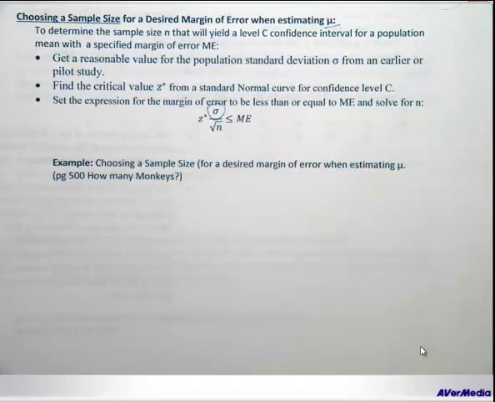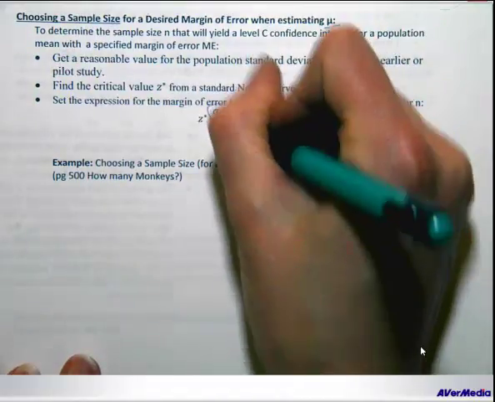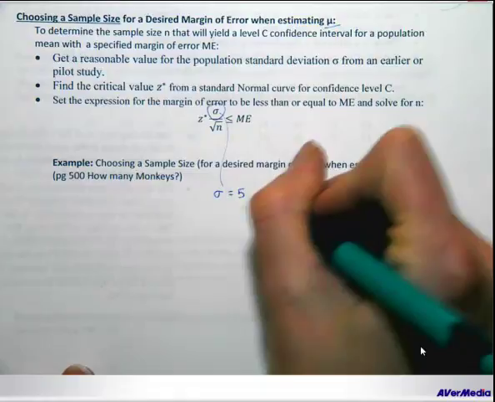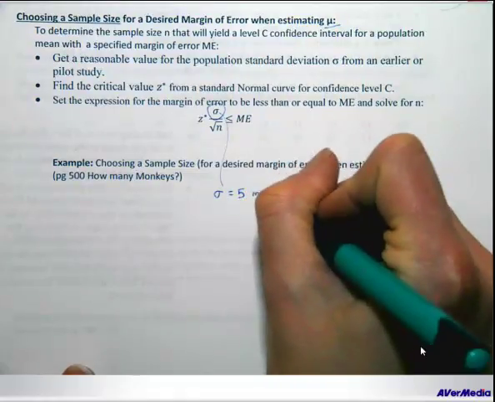A previous study involving this same variety of monkey suggests that the standard deviation of their cholesterol levels is about 5 milligrams per deciliter. And so what you'll notice is they've given us sigma from the population. They said that in previous studies, sigma is 5 milligrams per deciliter.